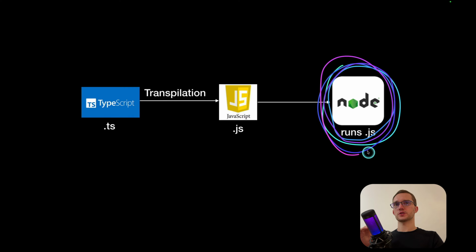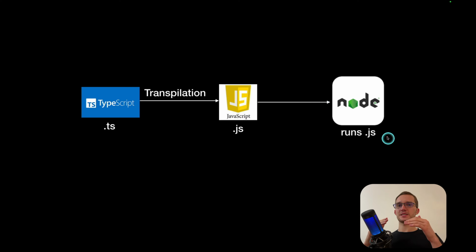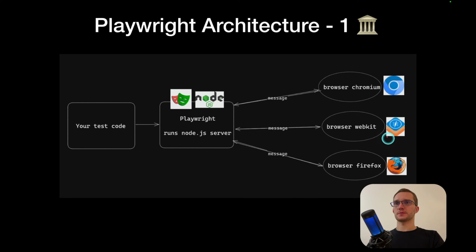So it's like the browser, but on the server. This is the runtime environment for JavaScript. It takes JavaScript code and executes it, reads the files line by line and executes the commands of this code, just like the browser does.